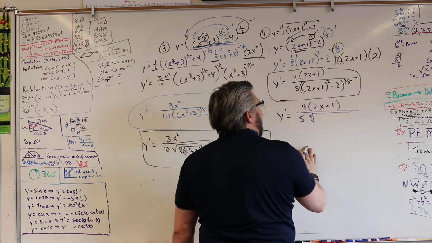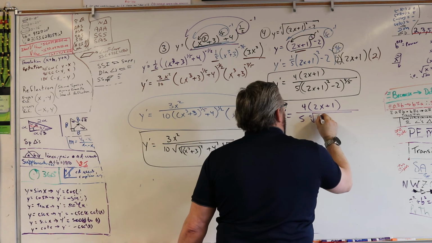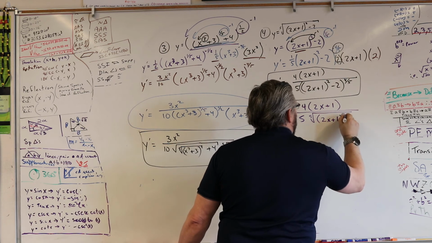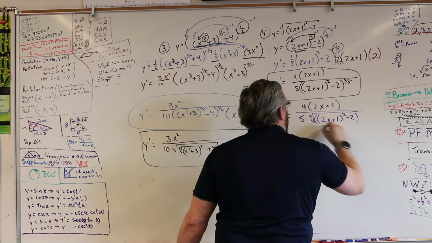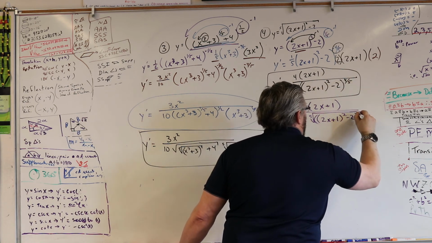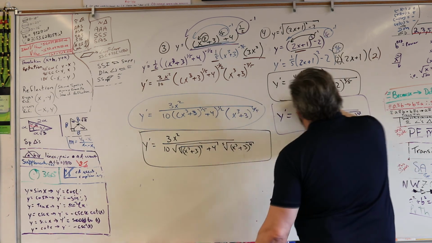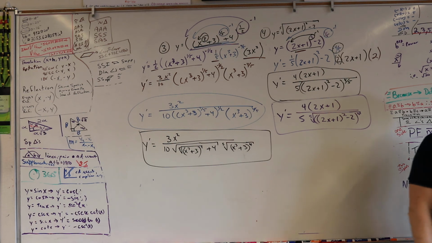So that's where that 5 comes from, is right there. And we have everything else in here. 2x plus 1 squared minus 2. But remember, this is raised to the 4th power. That would be your radical answer.